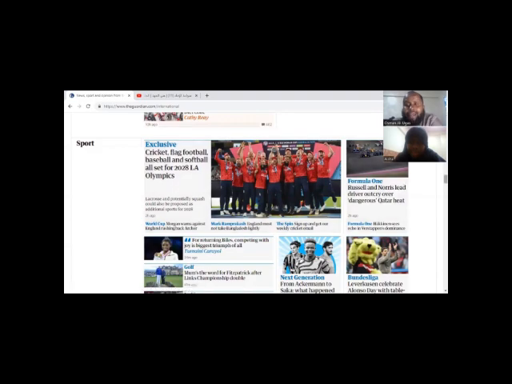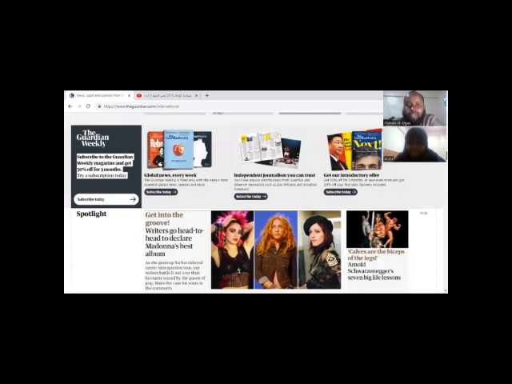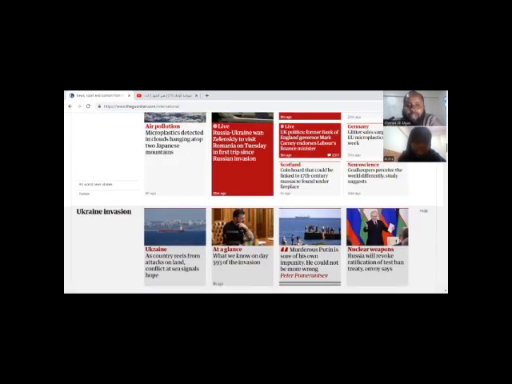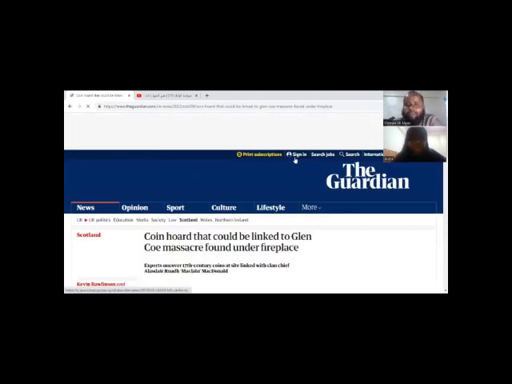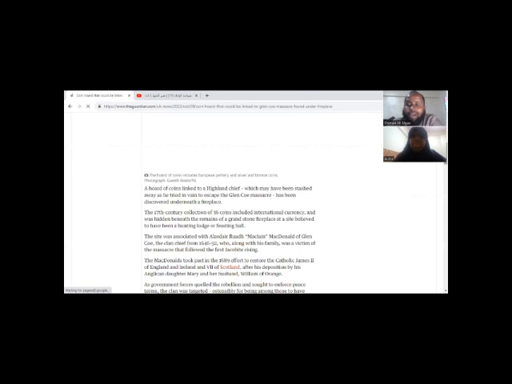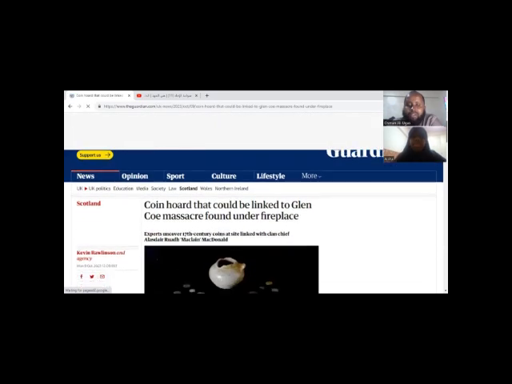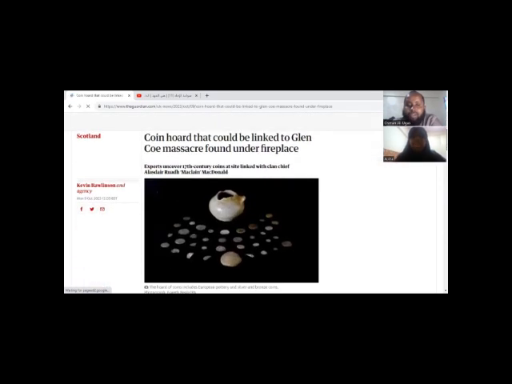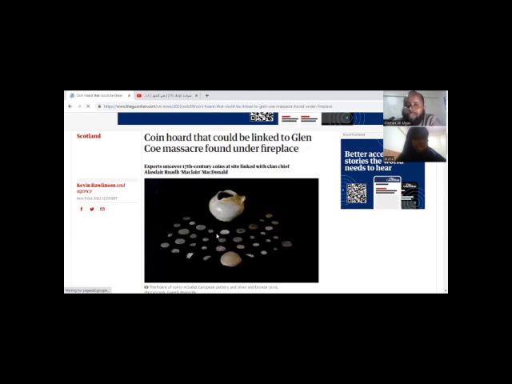Scanning, though, on the other hand, an example of scanning would be if I clicked on one of these. Let's go to this article here. Hopefully it'll open up. So this is an article about a historical find. Someone found some old coins in Scotland.